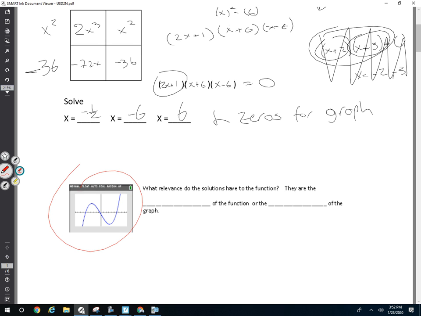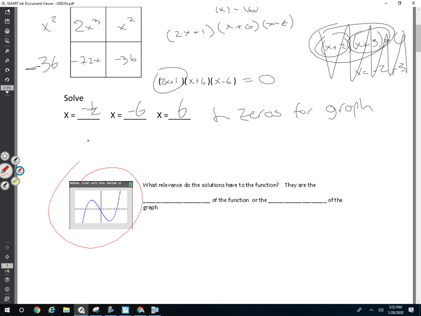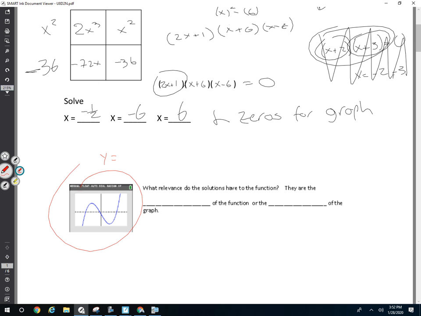They graphed that for you already. Here's the graph of that polynomial. This is the graph of y equals 2x cubed plus x squared minus 72x minus 36. Sorry, I'm really out of it today.